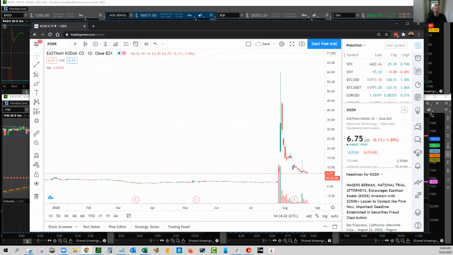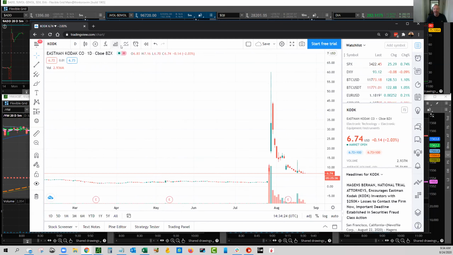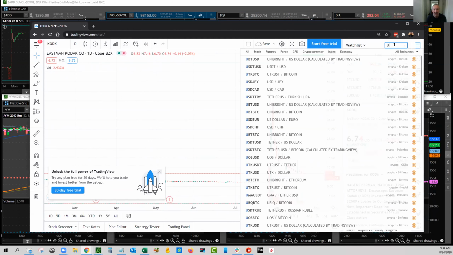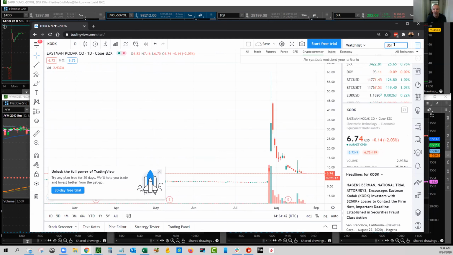Okay, in the symbol window, add symbol, way over to the right, next to the watch list. No, wait, just add symbol. It's kind of weird the way they did it. You have to put in USI colon. Or is it UCI?